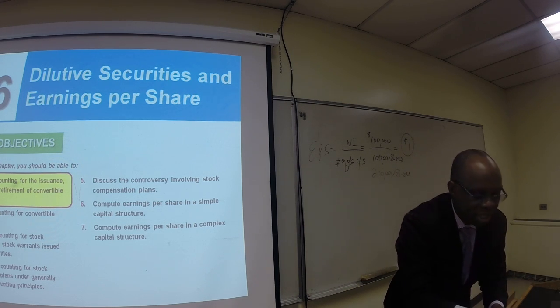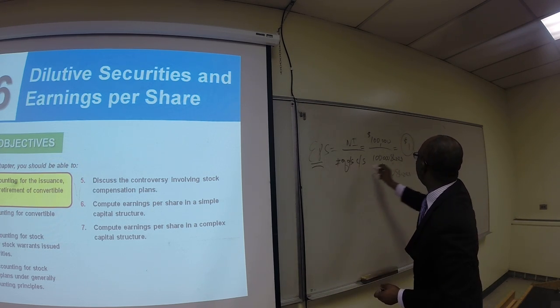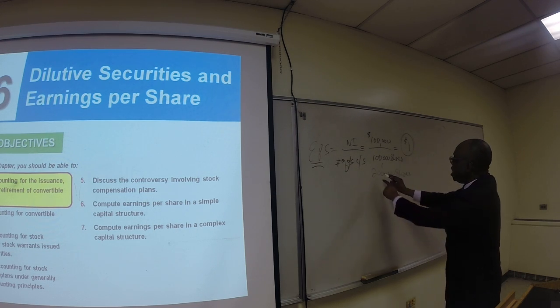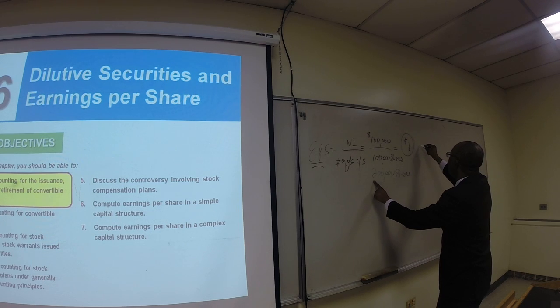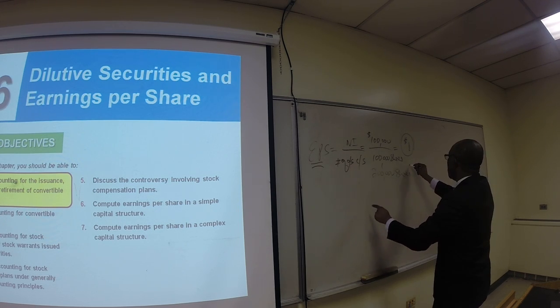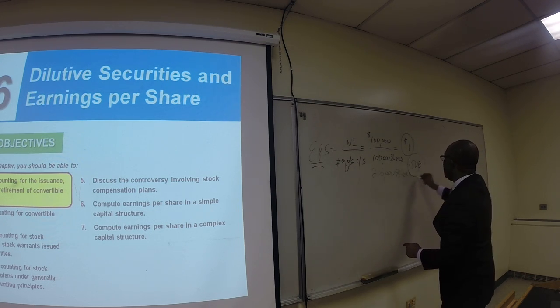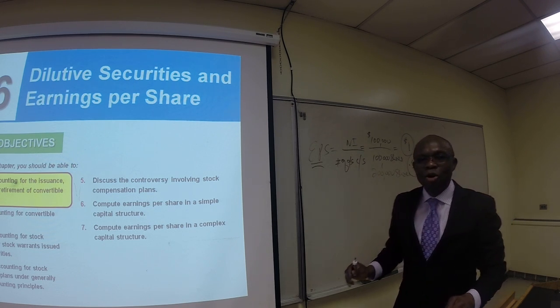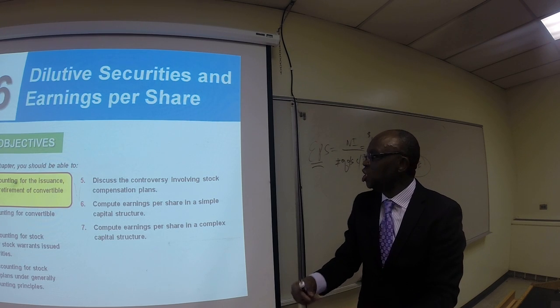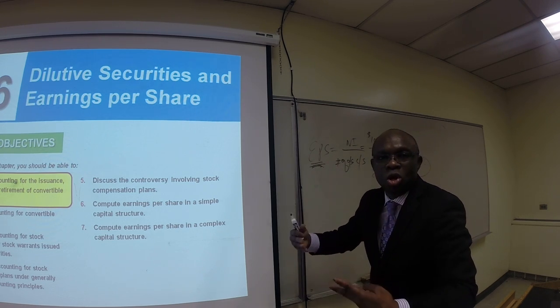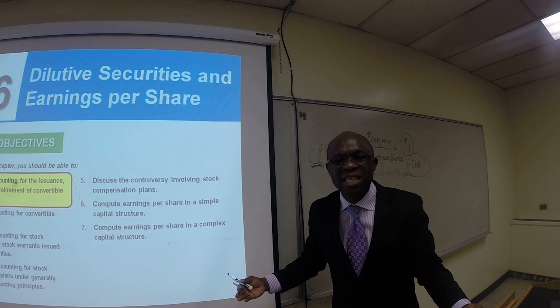So from that standpoint, EPS is no longer $1 if those bonds are converted into common stock. Rather, the EPS will now be 50 cents. So the convertible bond has the potential to dilute or to decrease EPS. Why is that important?